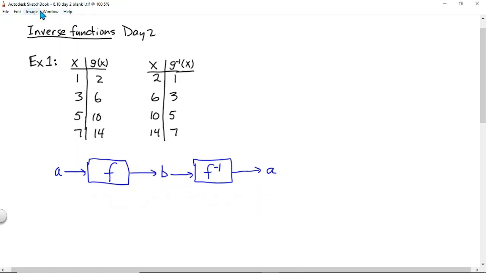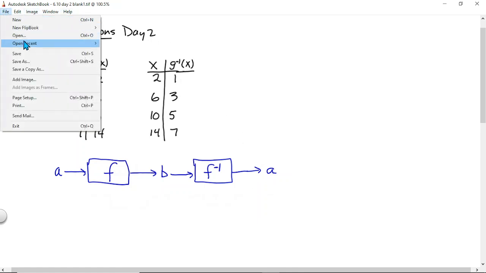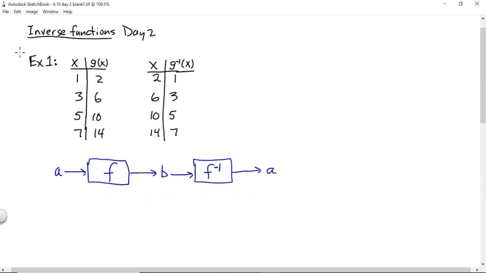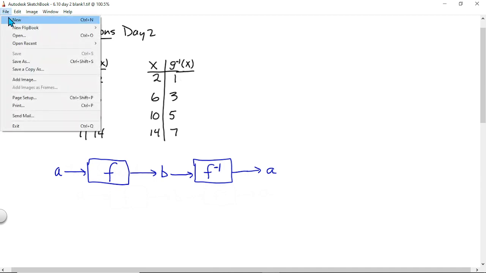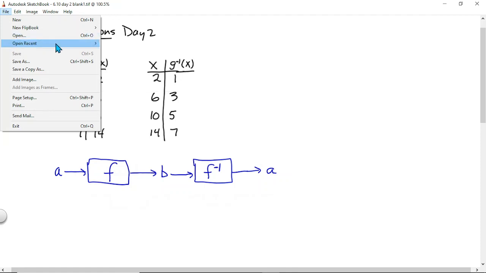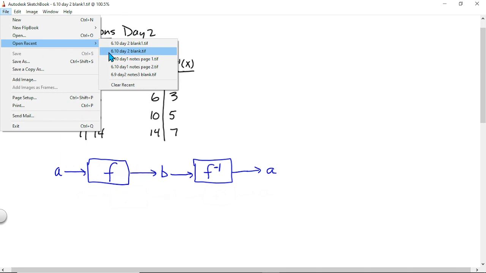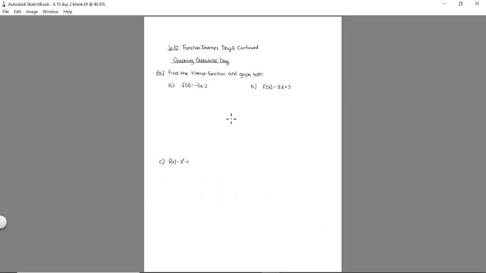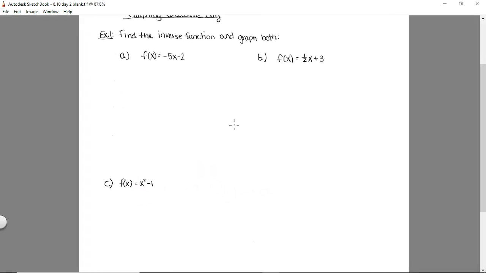So let's look at some functions that we're going to find the inverse of. We have them right here.